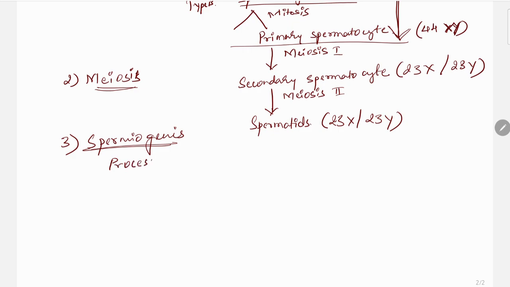Process of metamorphosis. What is metamorphosis? Change in the shape of the cell, not structure, shape of the cell.